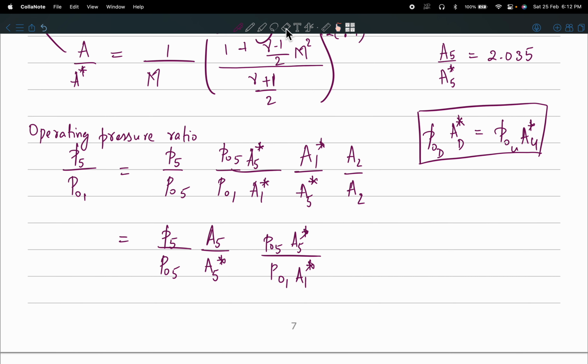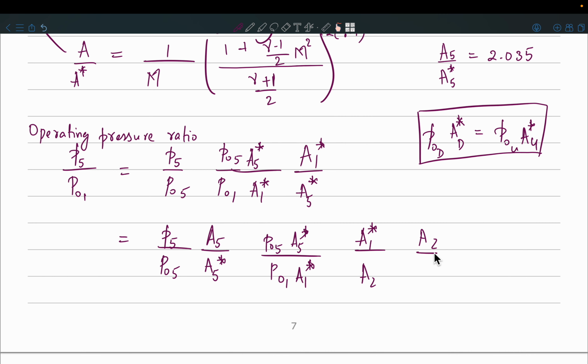Okay, one second. Okay, this first step was clear, right? So I have only introduced this A5 by A5 star right now. And then this is obviously going to be 1. And then I have A1 star by A5 star. So instead of that, I can say A1 star by A2 multiplied to A2 by A5.